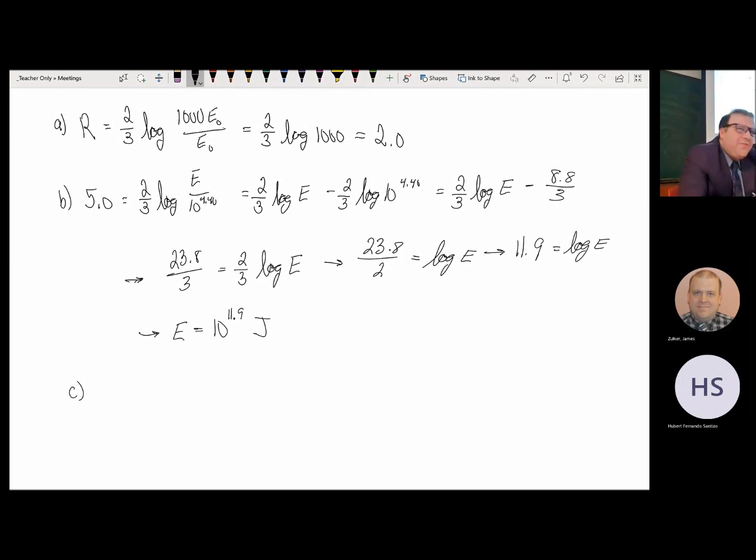What we're going to need to do is find a formula for the energy released by an earthquake with a specific Richter measuring.